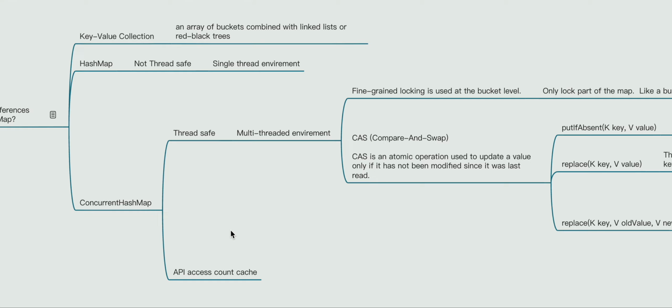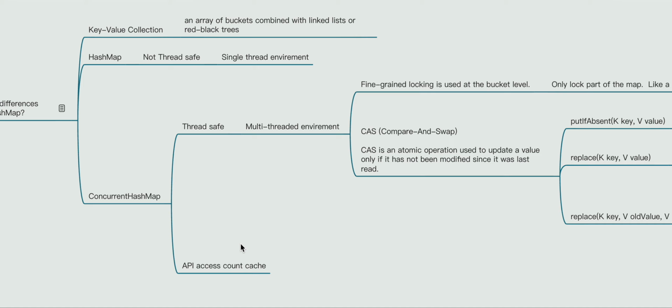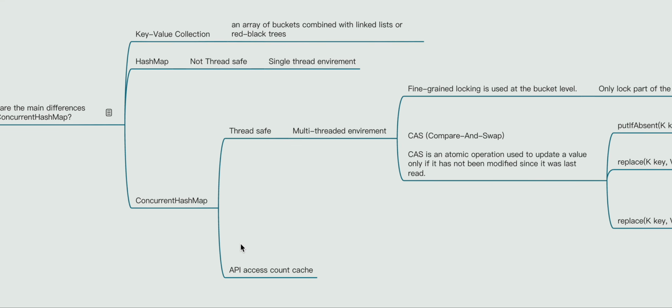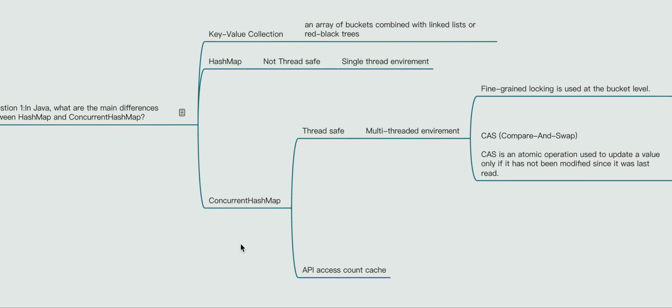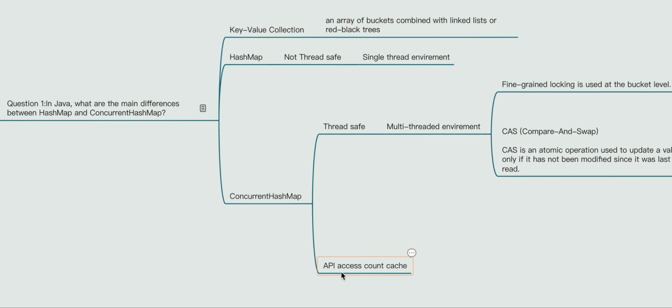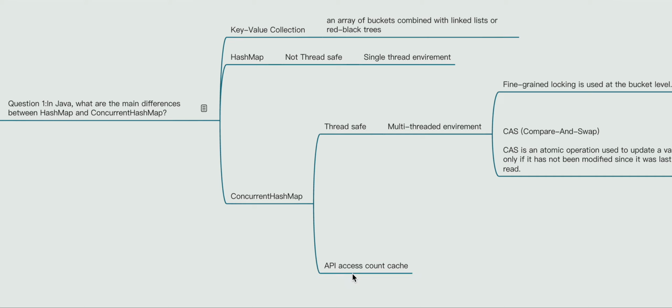So I suggest you consider a different multi-threaded example, or you can use this one: an API access count cache, which uses ConcurrentHashMap to count the request number of different APIs.